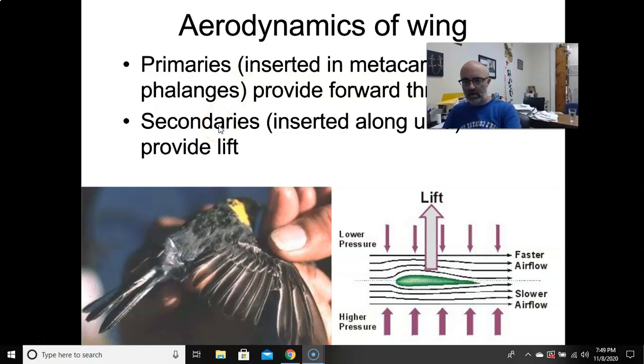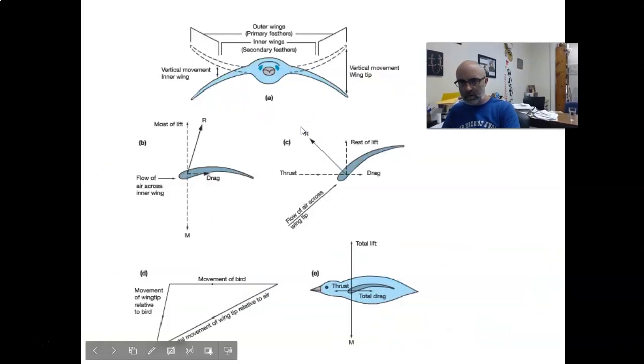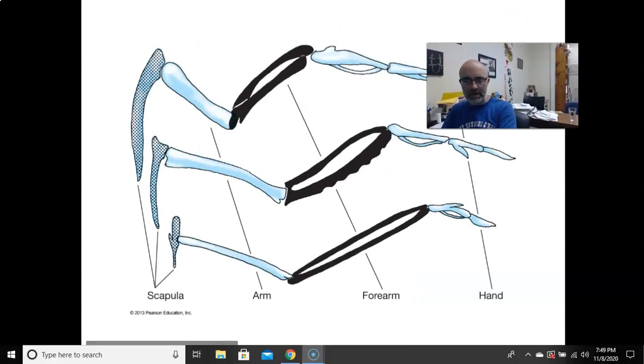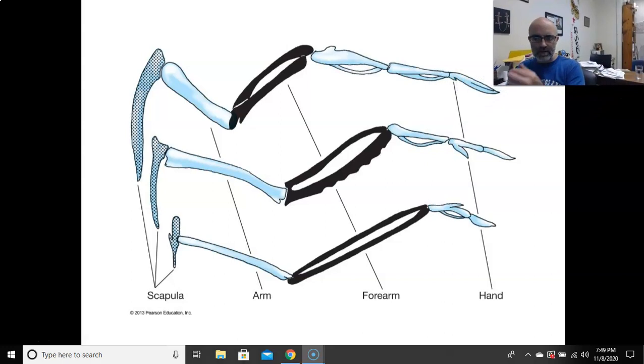Okay, so if you look at how different birds' wings are shaped, you can kind of guess what they're designed for. Right, so we said that primaries are attached here on the phalanges and metacarpals, and that the secondary feathers are attached here along the ulna.